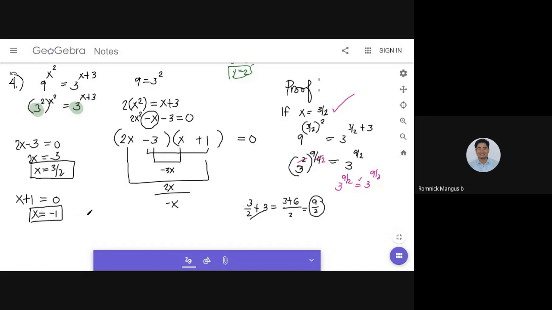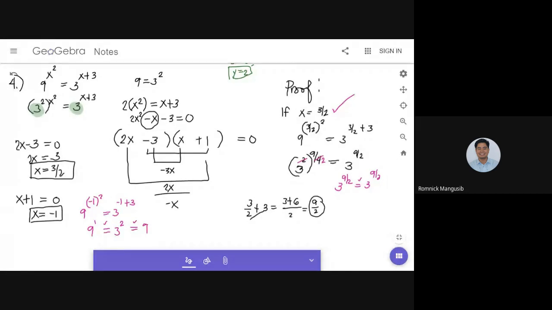When x is equal to negative 1. So let's try. 9 raised to negative 1 squared is equal to 3 raised to negative 1 plus 3. That is 9, no? Because the square of negative 1 is simply 1. So 9. And 3 raised to 2. Negative 1 plus 3 is 2. And we can see 9 is equal to 9.